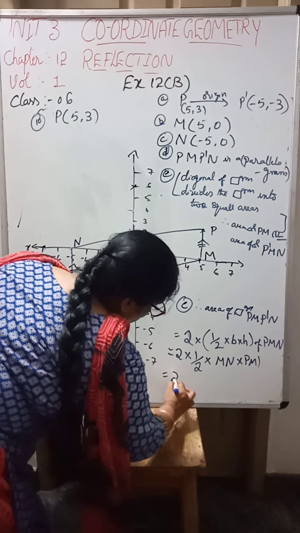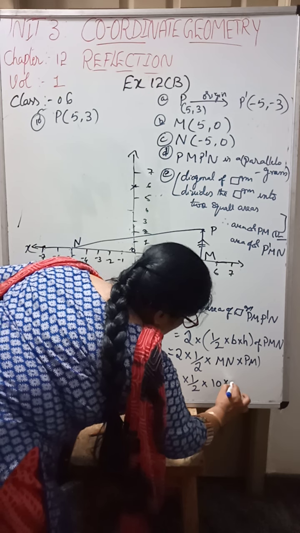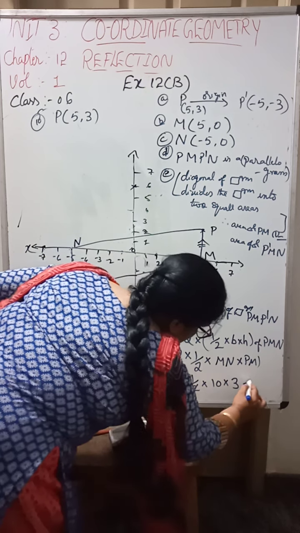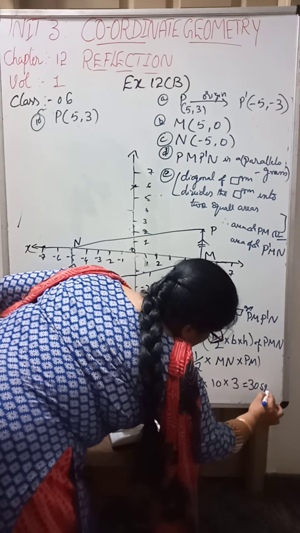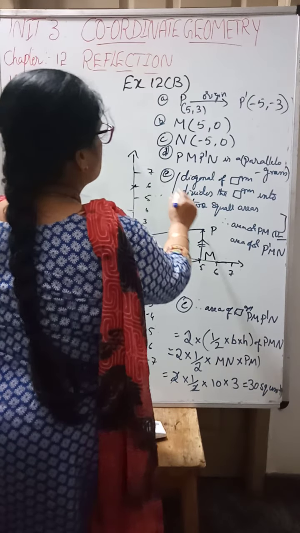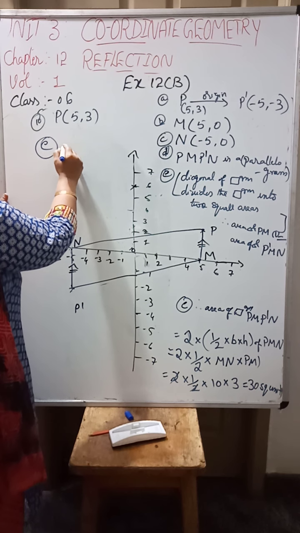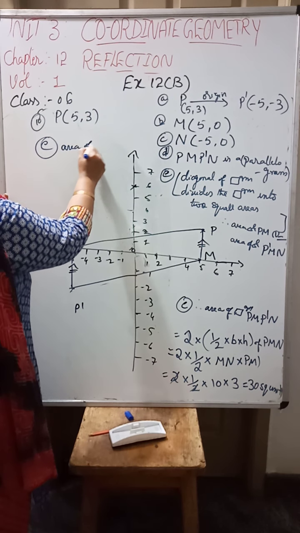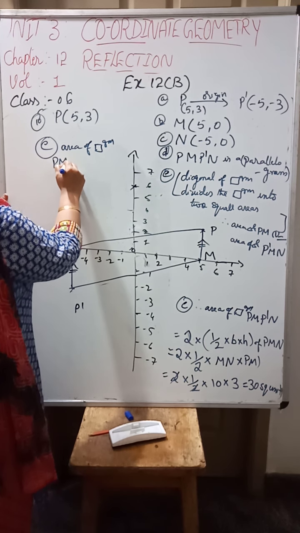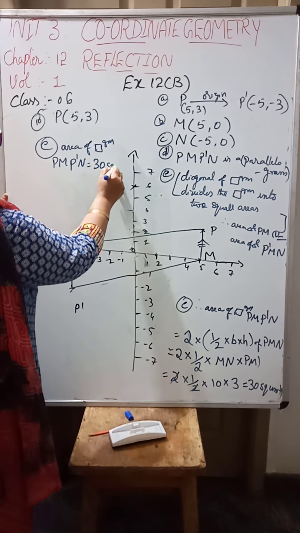Now write 2 into half into MN, which is 10, into PM, which is 3. The 2 gets cancelled with the half and you will get 30 square units. So E is equal to area of parallelogram PMP dash N, which is 30 square units.